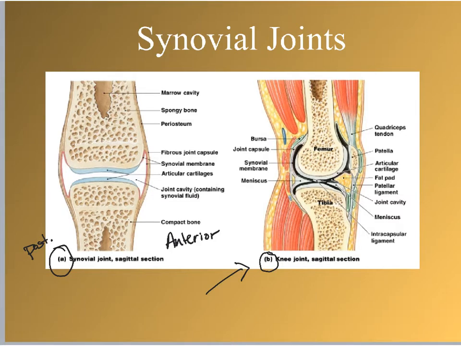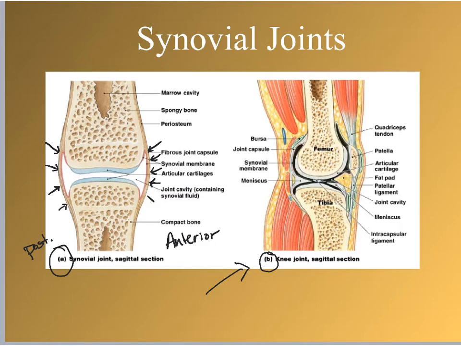But the point is that this picture shows you some of the key features of a synovial joint. So first up would be the articular capsule, which is that beige kind of striated structure that you see right here. And that encompasses the entire joint. It completely surrounds the entire joint.